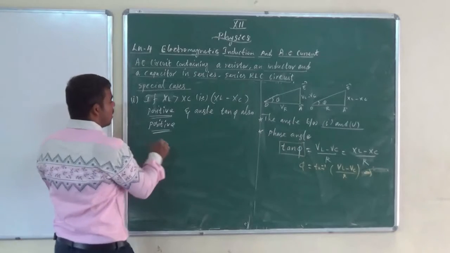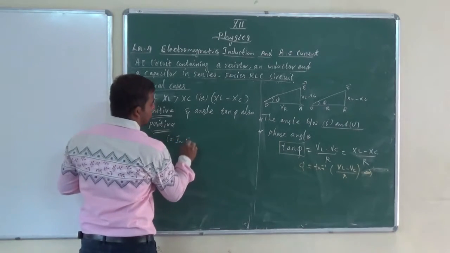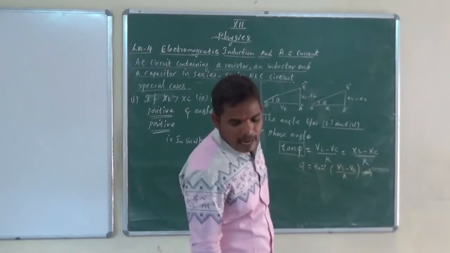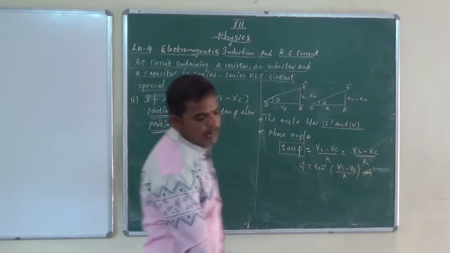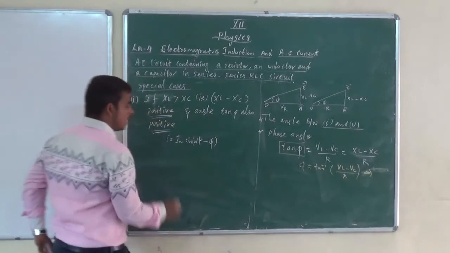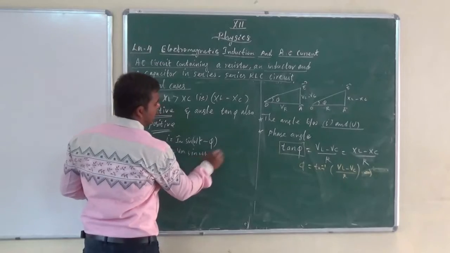That means the current equation is I equal to Im sin(omega t minus phi), and the voltage equation is V equal to Vm sin omega t.